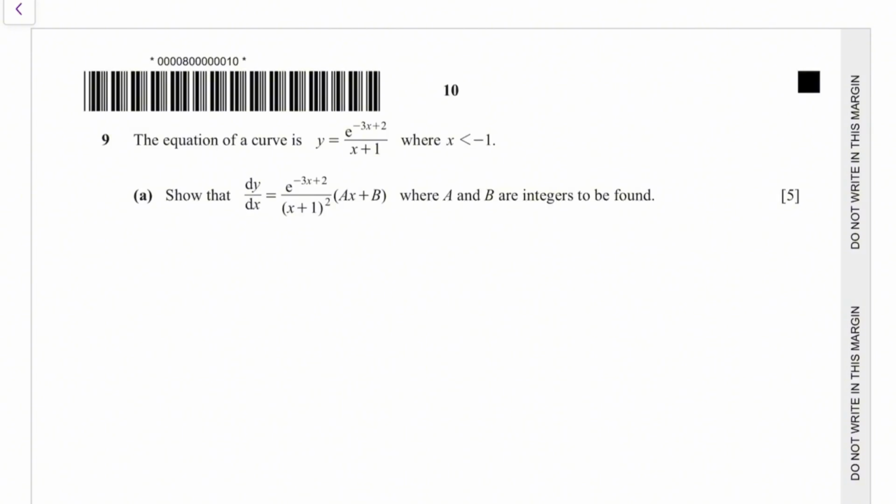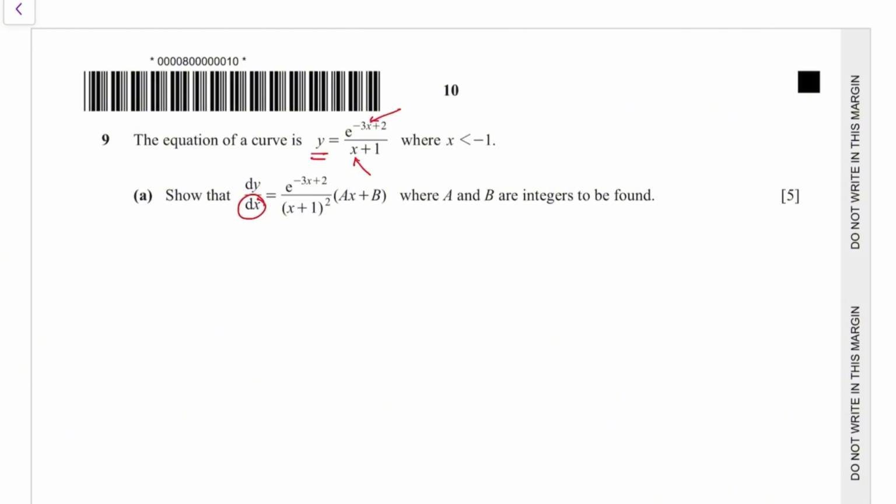The equation given to you is in terms of y, and you want to find the derivative. If you see, you want to differentiate with respect to x, and your x in your equation, you have it on the numerator, you also have it on the denominator. It means that you have to use the quotient rule.